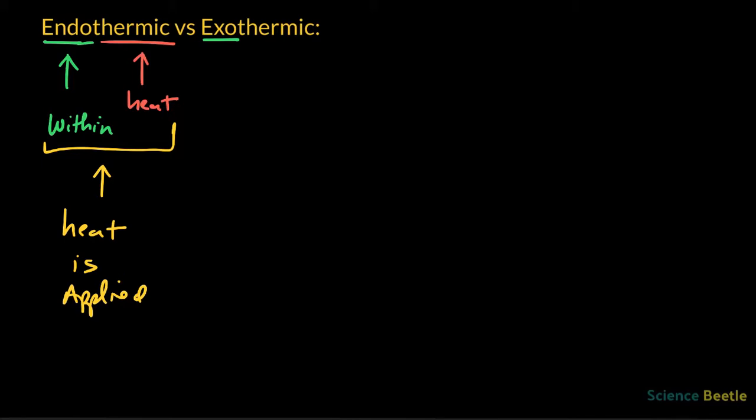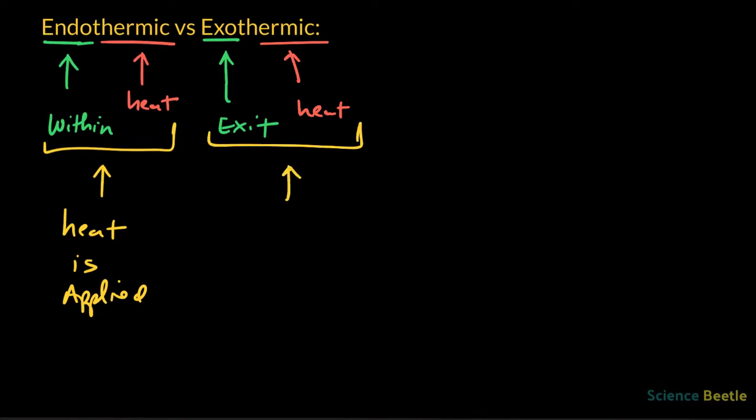And then exothermic here, exo means beyond. It also means here that it's going to be exiting or beyond the reaction. And so again, here thermic means heat. So when we put these together, in an exothermic reaction, heat is going to be released.